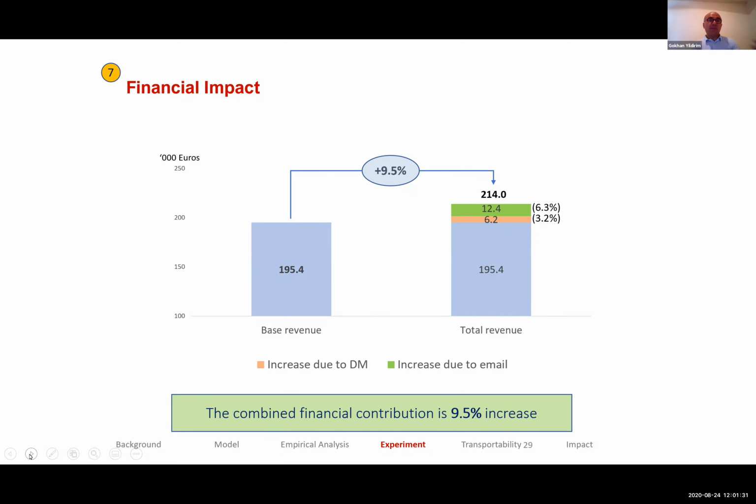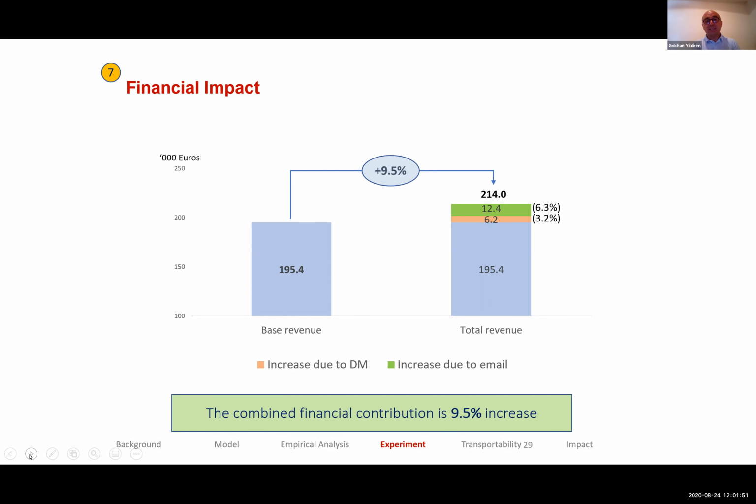Using the experiment data, we showed that the revenue lift was 9.5%. Right? So of this lift, 6.3% was due to the increase in effectiveness of email campaigns, and 3.2% was due to the direct mail campaigns. Right?